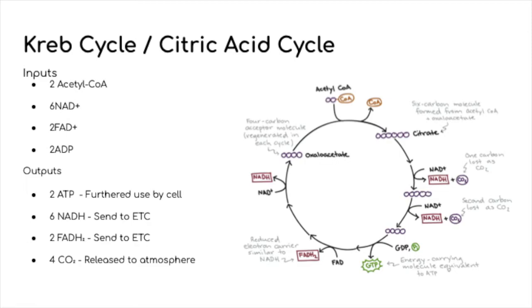The ATP will be further used by the cell. Both NADH and FADH2 will be sent to the electron transport chain and used to produce ATP. The carbon dioxide will leave the matrix of the mitochondria and be released to the atmosphere.